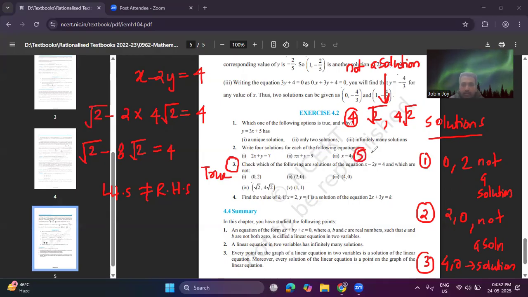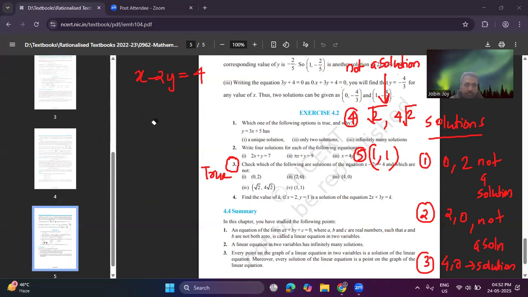And the last one, fifth question, 1, comma 1. So 1 minus 2 into 1 equal to 4. So 1 minus 2 into 1 is 2 equal to 4. 1 minus 2 is minus 1 equal to 4.